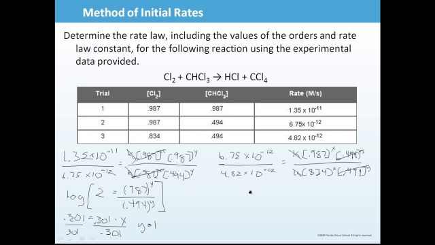And that's going to give us 1.4 equals, again, that entire expression, right, is 0.987 to the X over 0.834 to the X. Okay, and just like we did on the first one, to get X by itself, we would take the log of that entire expression.